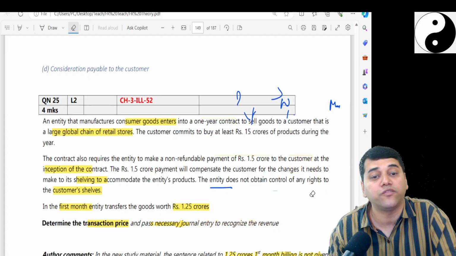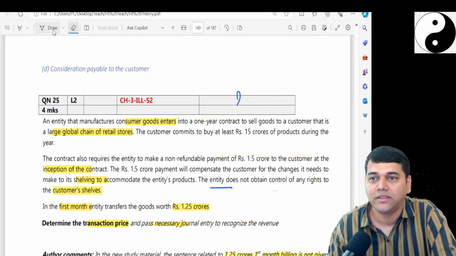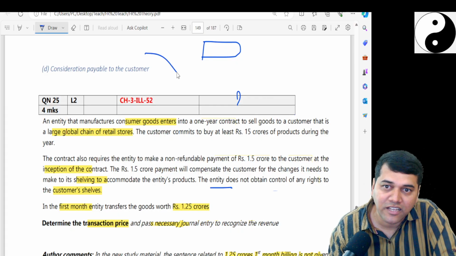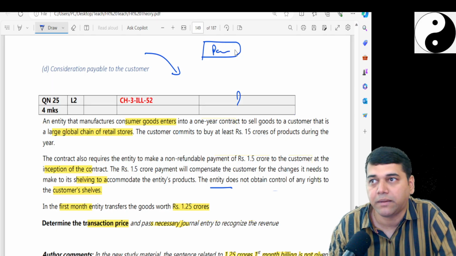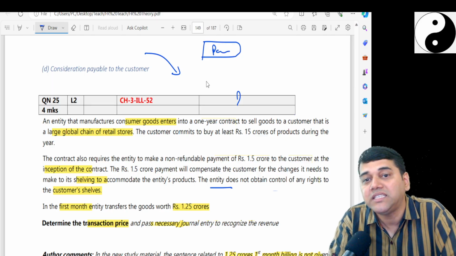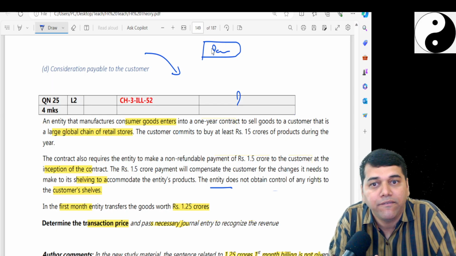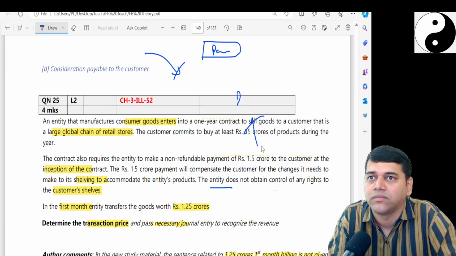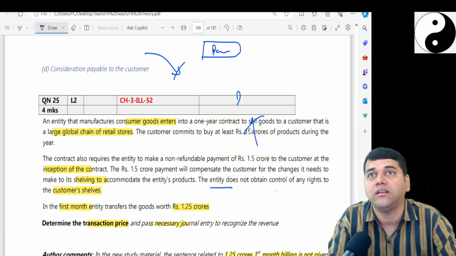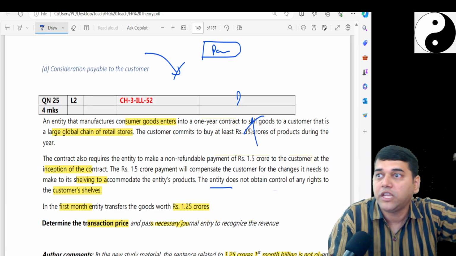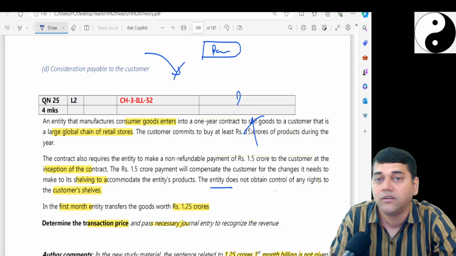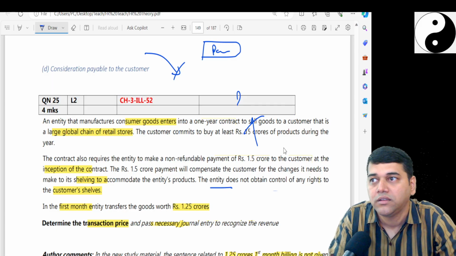What do you mean by any of the shelf? I'll explain. There is one shelf here. If Patanjali sells to Walmart, Patanjali items will be kept in this shelf. Can Patanjali tell Walmart, look, I will not use this because I have not sold you anything? Instead, I will keep one demo table fan from a fan company in that shelf. Will Walmart agree? No. Why?